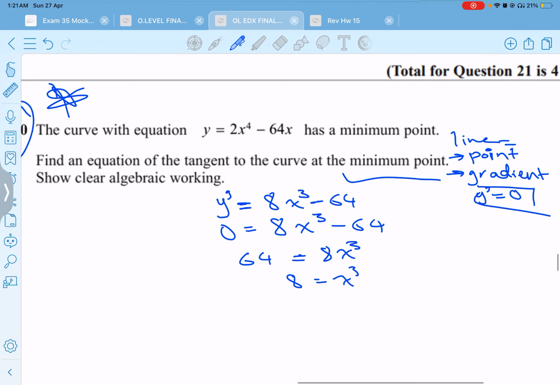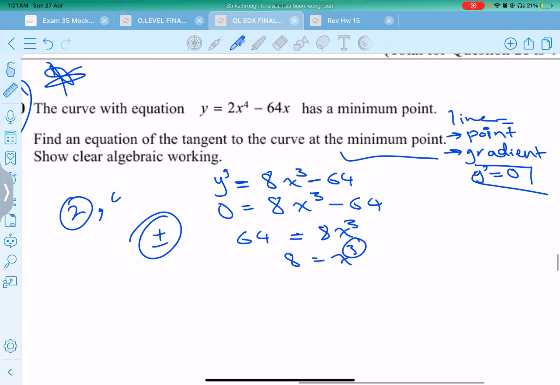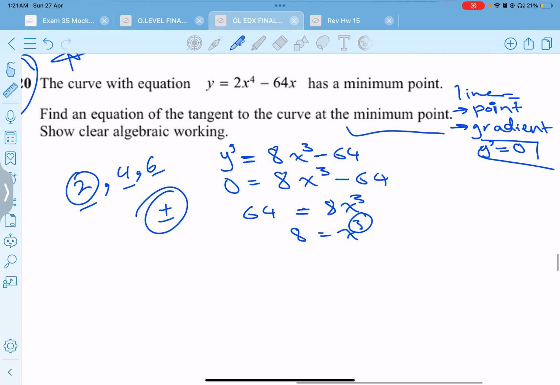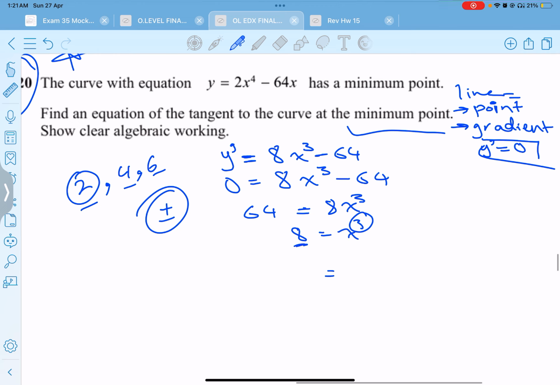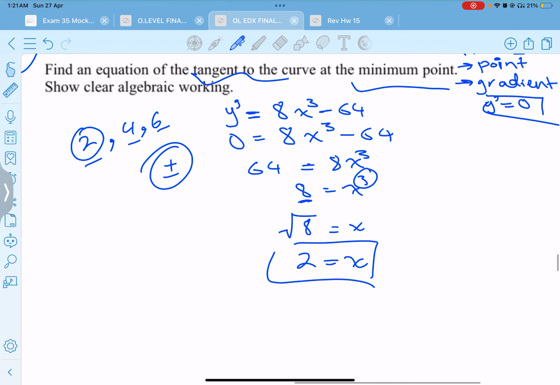I have only one choice here because it's x cubed, no plus or minus, because plus or minus is only for roots of even power, like 2, 4, 6, and so on. But for odd, if it's positive, the final answer is going to be positive only. So this is the x.